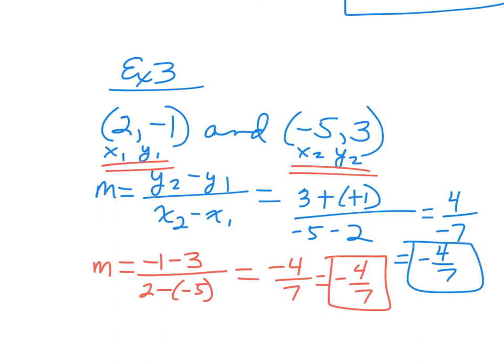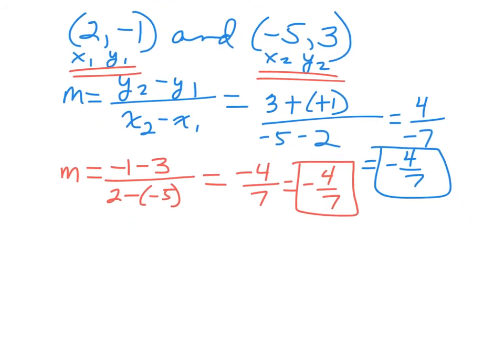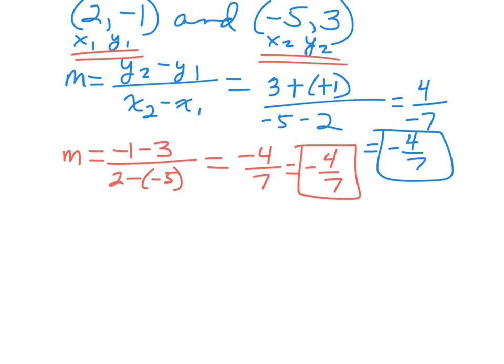But I want to remind you of something that you probably already know. We're claiming that 4 over negative 7 and negative 4/7 are the same thing. Well, how is that true from a slope perspective? Let's take 4 over negative 7 first.